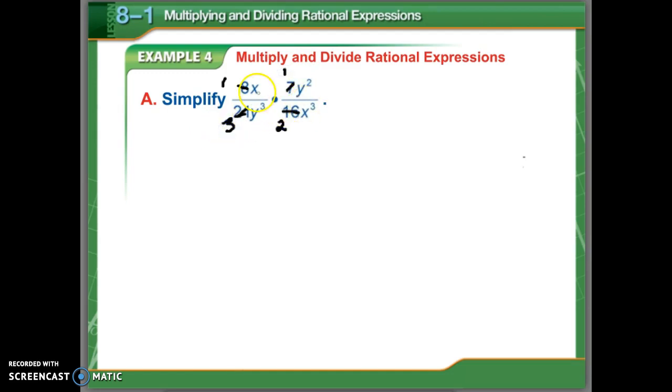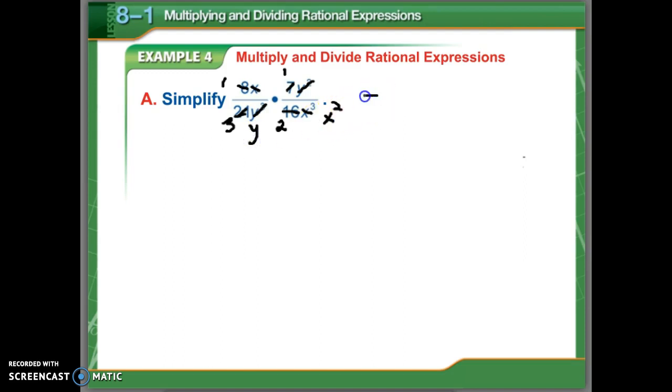Then I have x over x to the third. If I subtract powers, 1 minus 3, that means I'm left with 2 on the bottom, x squared. And y squared over y cubed, 2 minus 3 is -1, so I'm left with 1 power of y on the bottom.